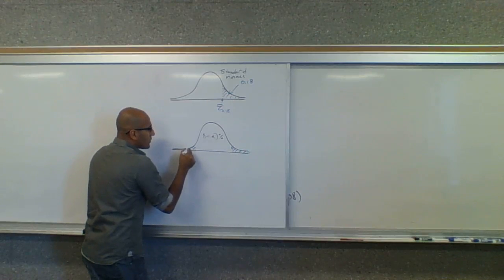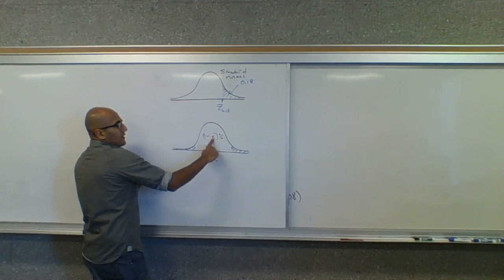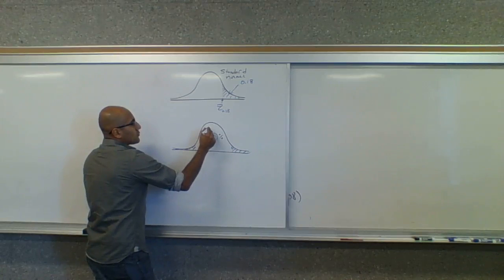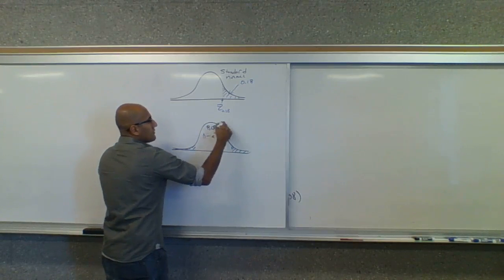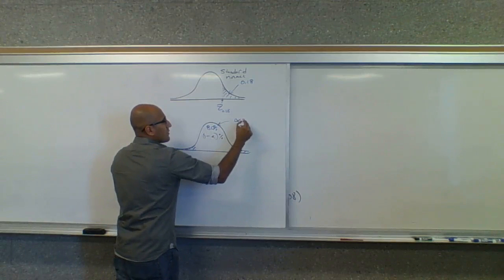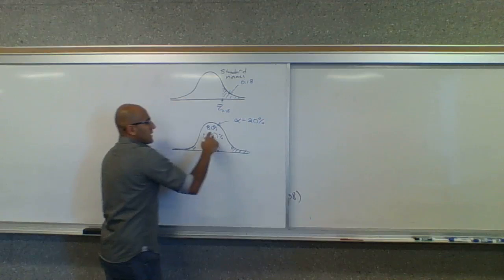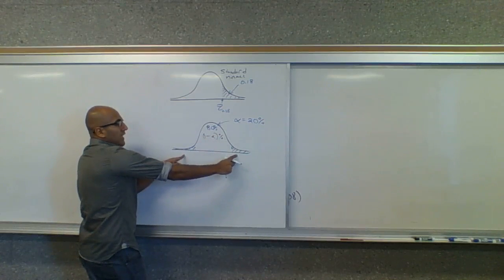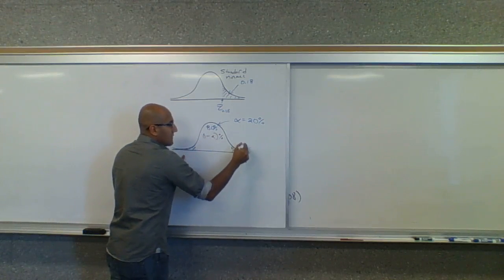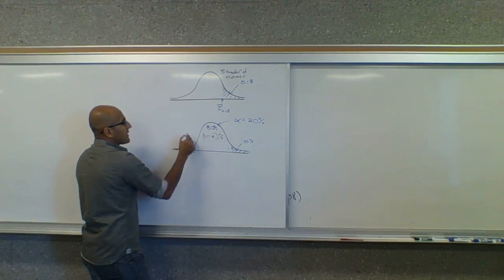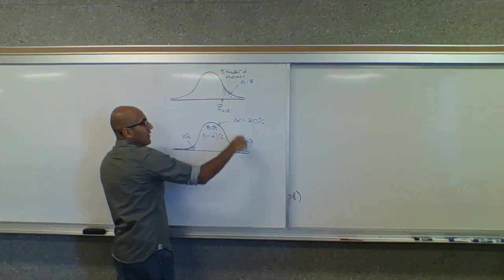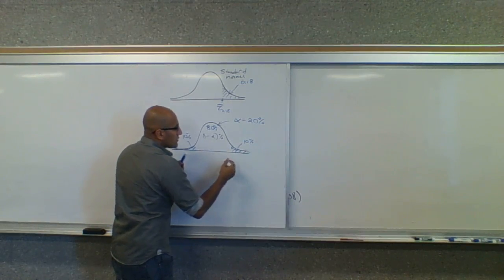Like if this is 80% in the middle, then alpha must be 20. It's the complement of this, which means the two tails are 20, meaning that this tail is just 10 by itself, and this tail is also 10 by itself, and so it's half of alpha. So the notation is just a little ugly that way. This is alpha over 2.